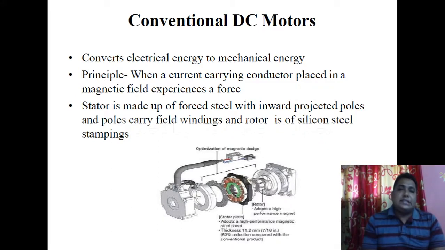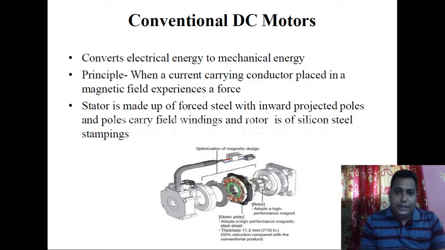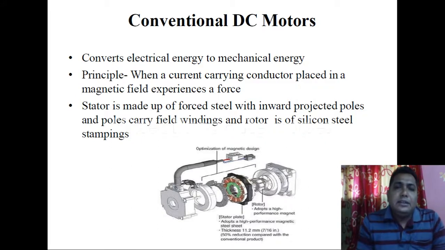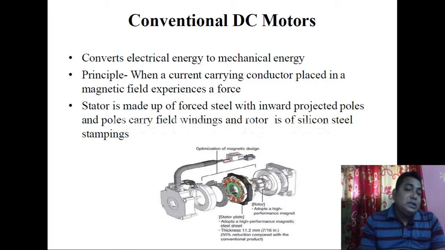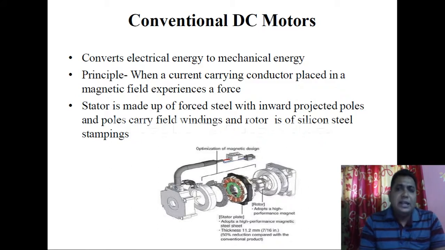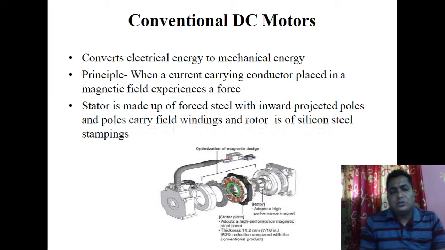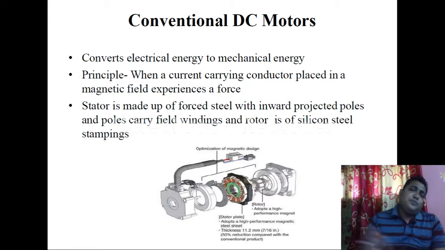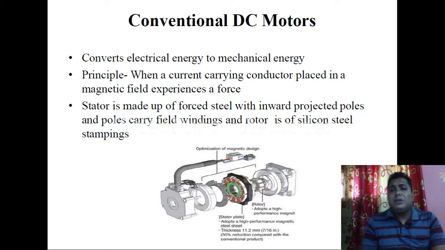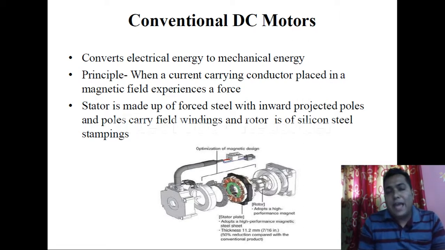Over them we have the field winding, and inside that there is the rotating part known as the rotor, where we have the armature winding, placed in the armature slots, between two armature slots. So this is all about the basic DC motors we use in our daily life.